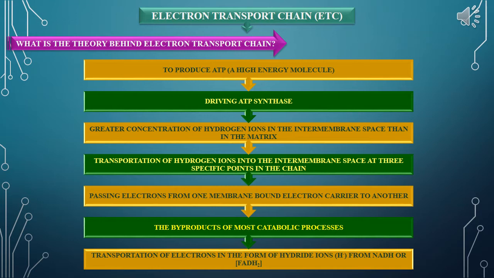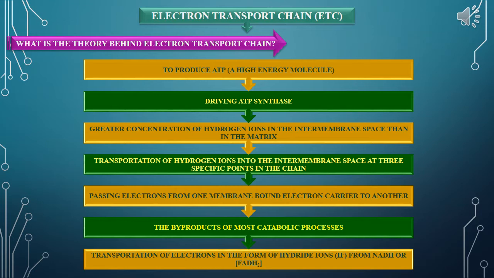How is the concentration of hydrogen ions increased? By producing hydrogen ions through ETC at 3 specific points in the chain, by passing electrons from one membrane bound electron carrier to another.